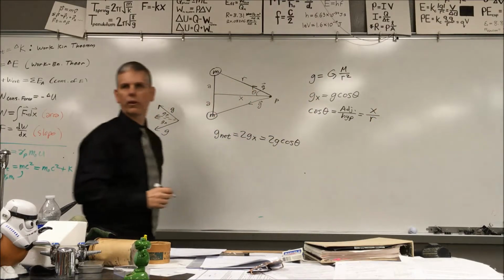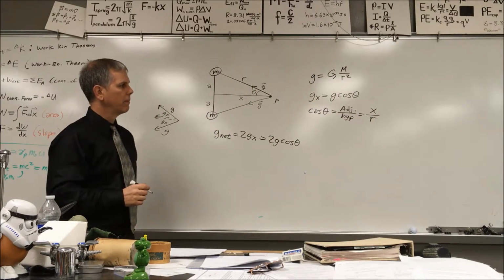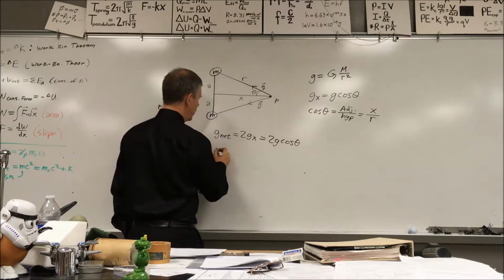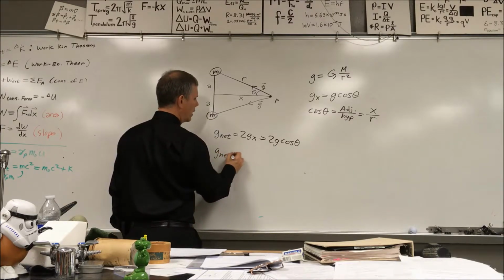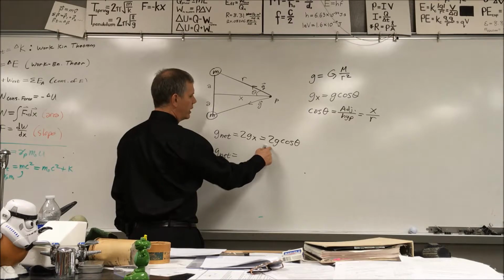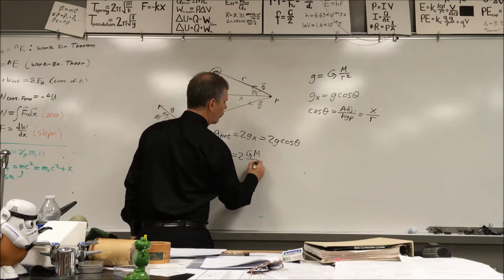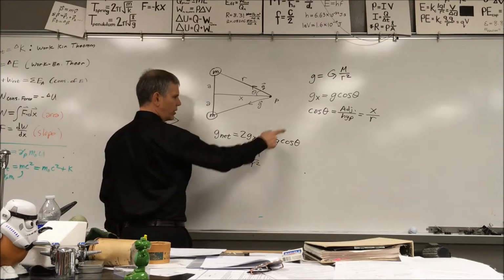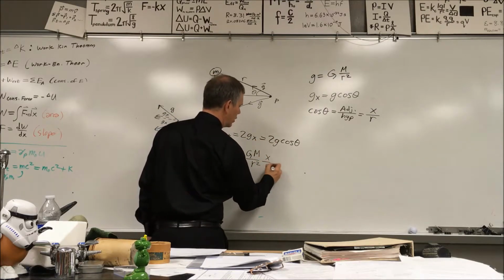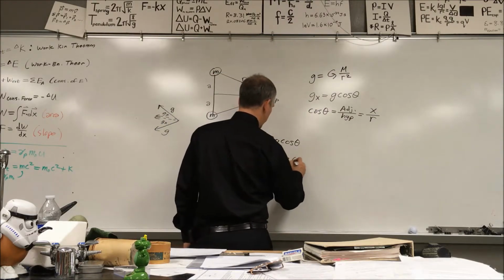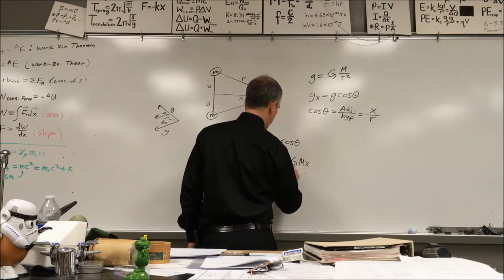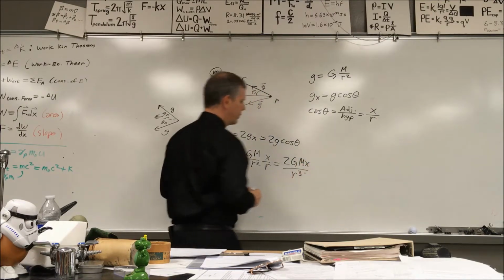We all good so far? So now this gives us g net equals 2g, there's g, big G, m over r squared, times cosine of theta, which is x over r, which equals 2GMx over r cubed.